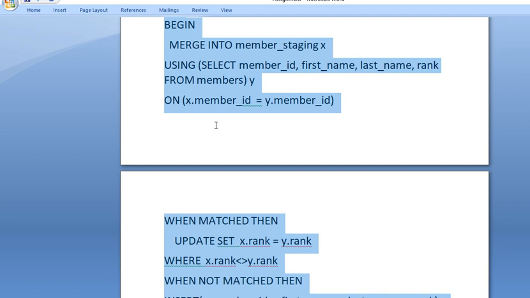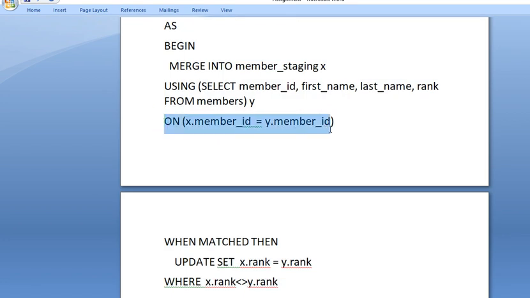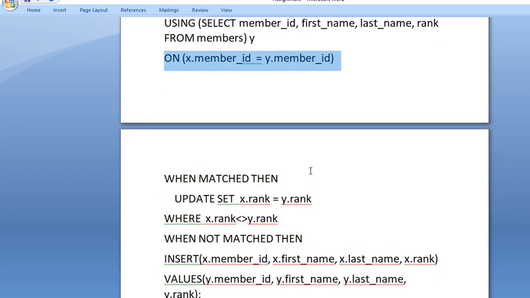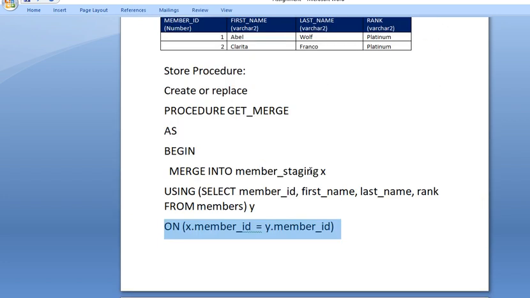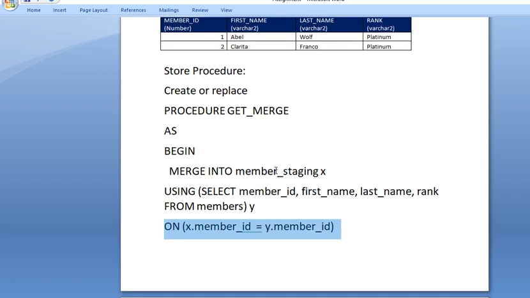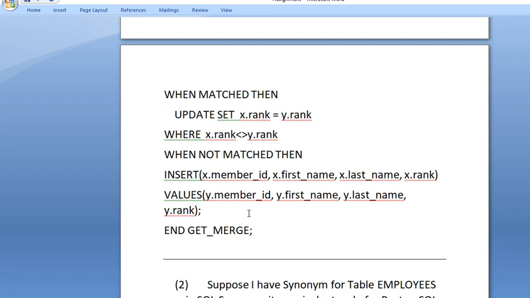On the basis of whether the member ID is common, as you can see in the on clause, if the member ID is matching, then they are updating the data, otherwise they are inserting the data into the other table. There are two tables that we have seen here, the member table and the member staging table. When not matched, insert; they have written insert.